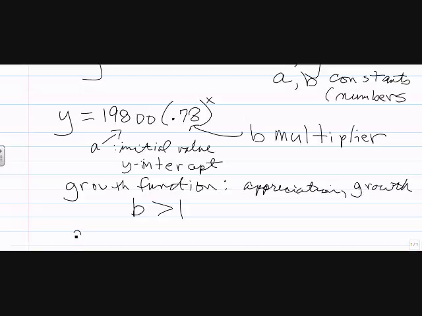And you can have the ones that went down in value, like the Mazda and the Honda, and we're going to call those exponential decay functions.